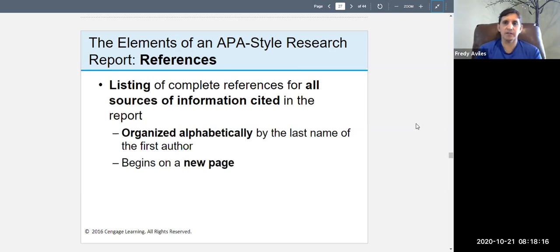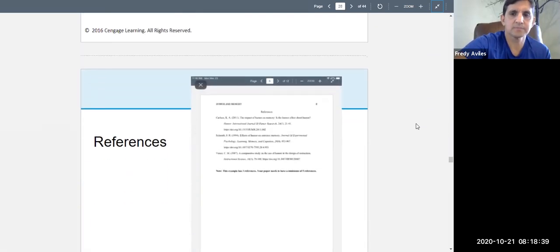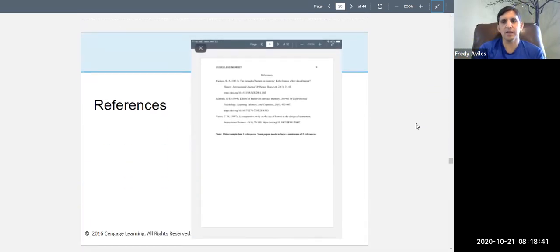The same people you cited should be the ones in the reference section. Sometimes people leave things out, or they cited more things and some are missing from the references. Sometimes they have things in the references that are not cited. You need to make sure that you have that correspondence there. Those are the references, and there's an example of some references there. You can't really see that, but I'll show you the example.